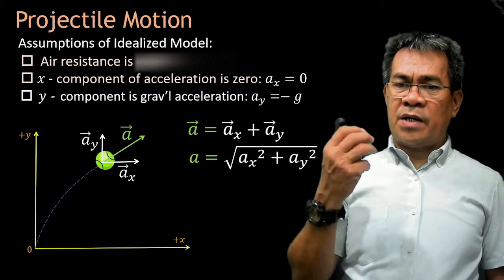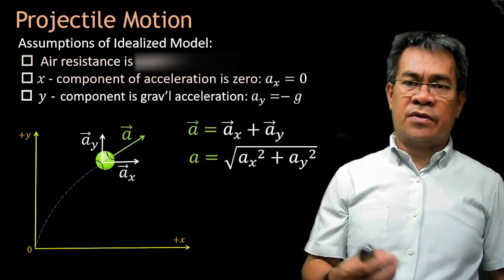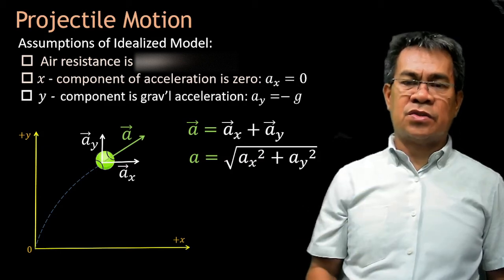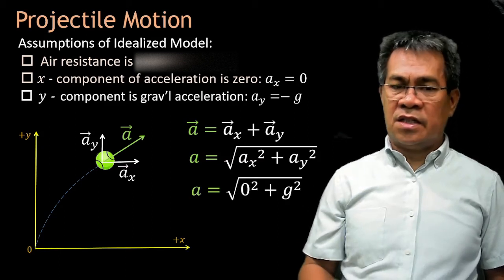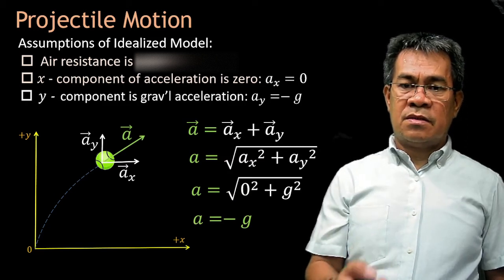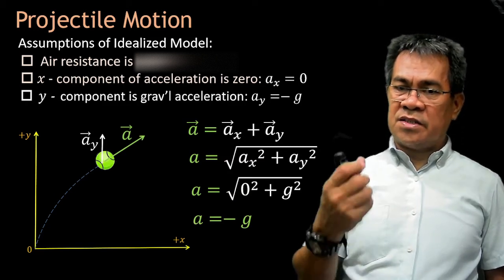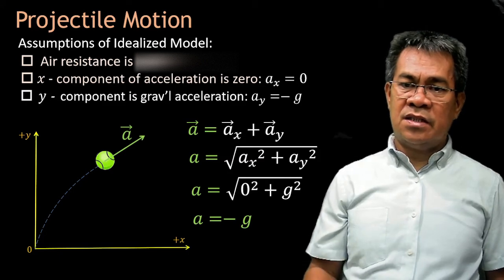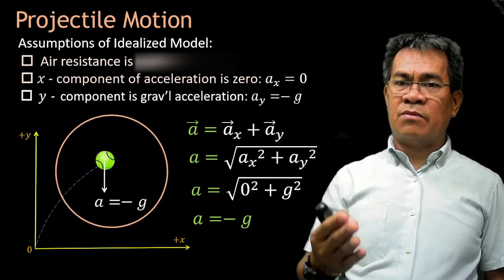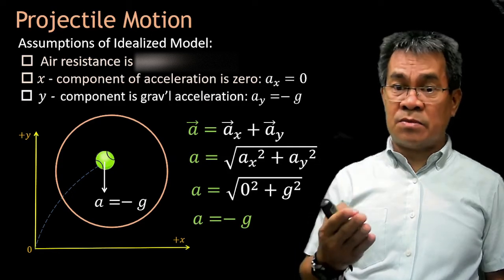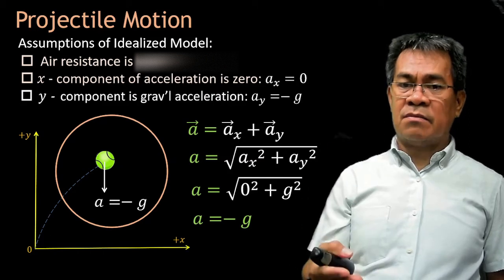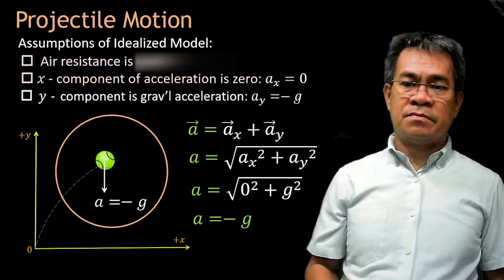So if we apply the assumptions for ax and ay and substitute them into the magnitude of the acceleration, then we come up with a negative g. Because ax is 0 and ay is negative g, therefore the acceleration of the projectile motion in an idealized model is negative g, or negative 9.81.